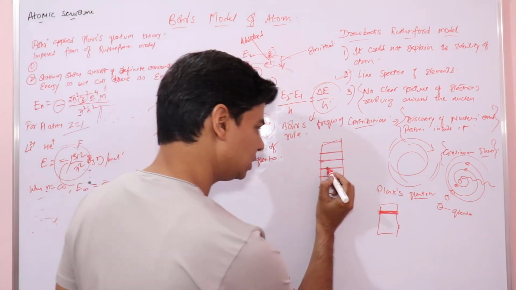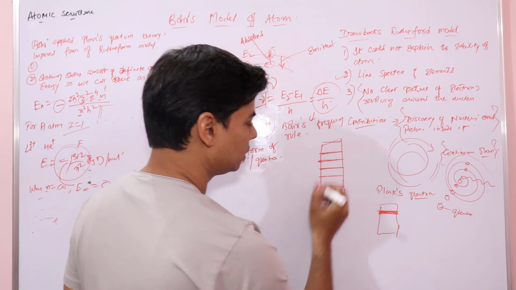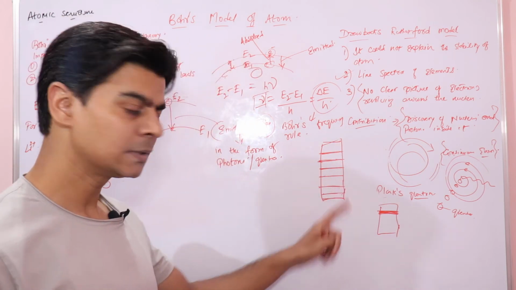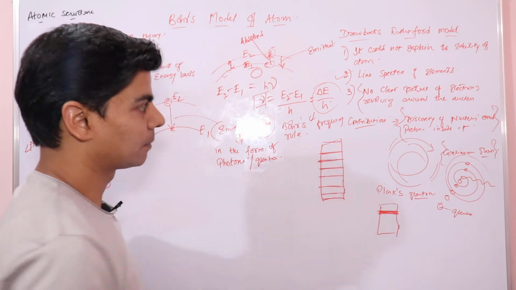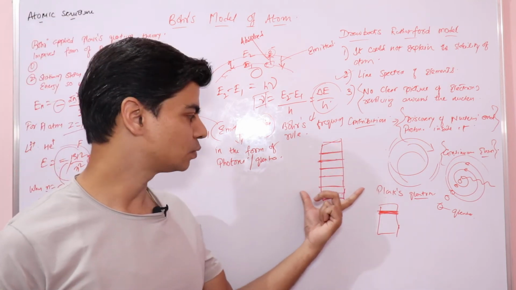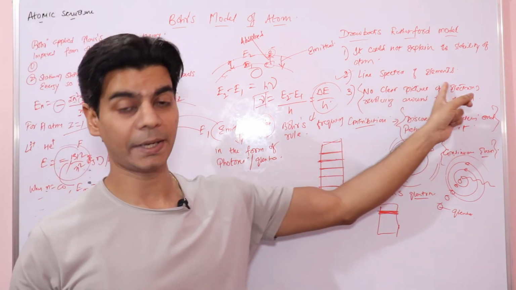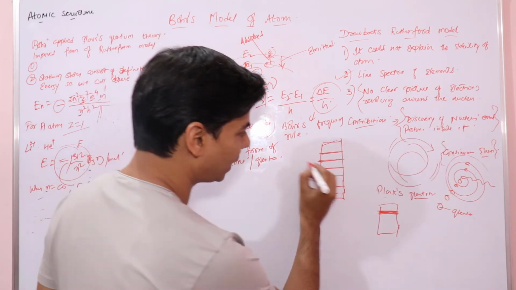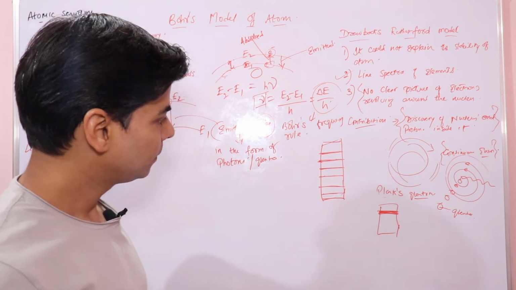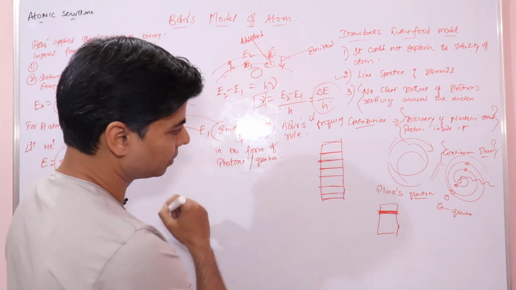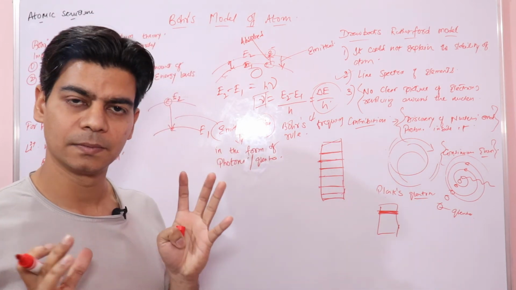But here you see that you have gaps. This is the explanation for the line spectra of elements. You have lines in the spectra of elements because energy is emitted in the form of packets.